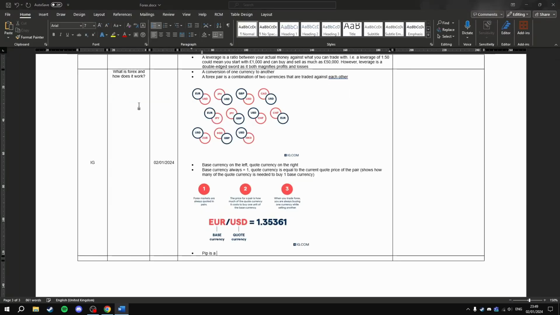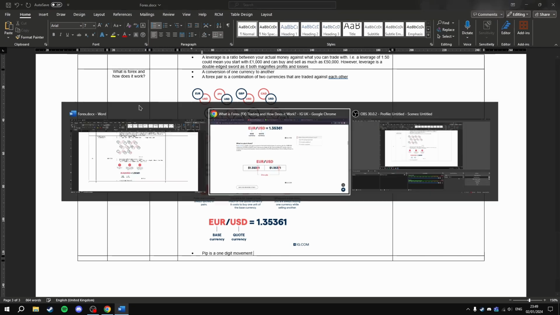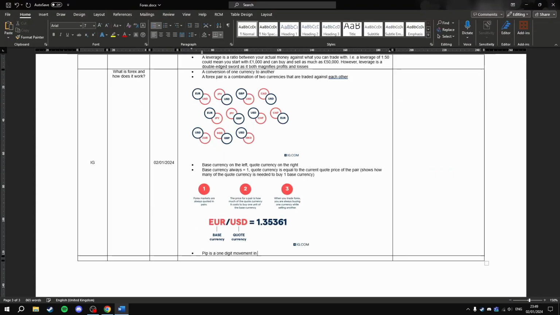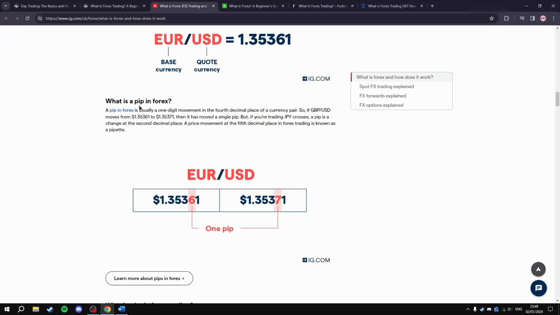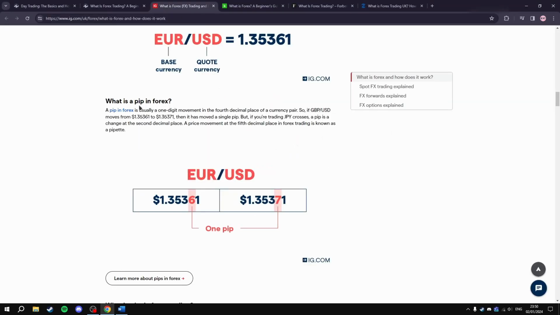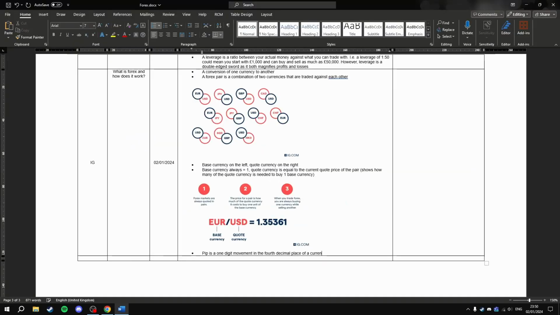A pip is a one-digit movement in the fourth decimal place of a currency pair.